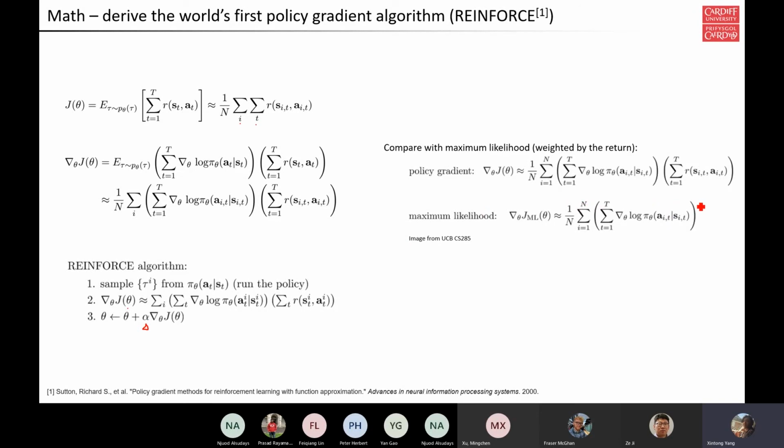And when we look at them, we notice that the only difference is this term. The RL policy gradient algorithm has an extra term, which is the return. So we can think of policy gradient as a weighted version of maximum likelihood. And why do we want to have this weighting, this return? It's because we do not have good actions in a reinforcement learning paradigm.